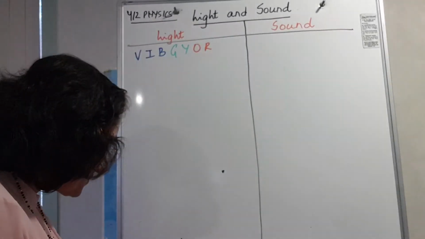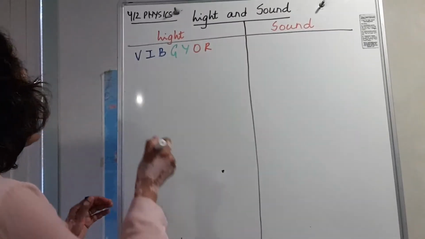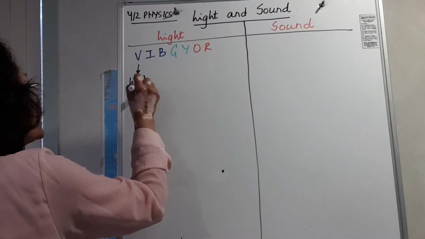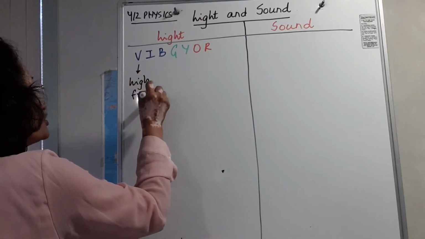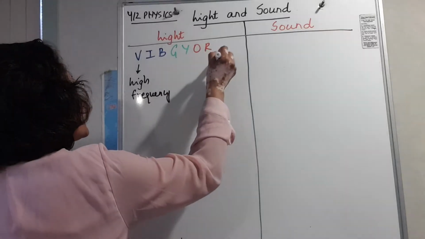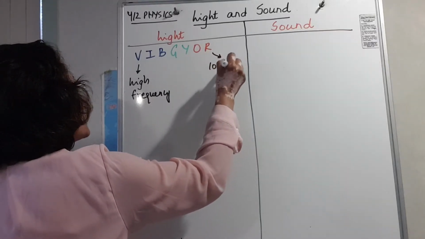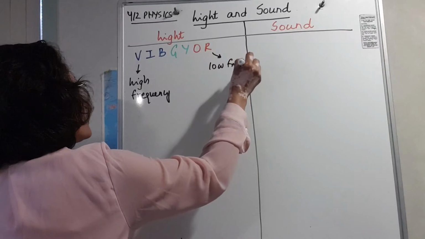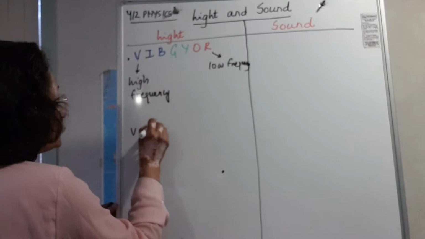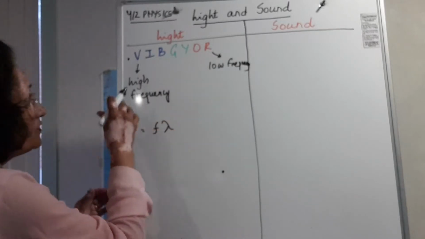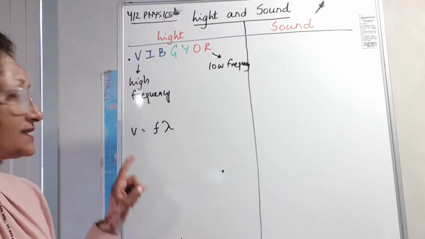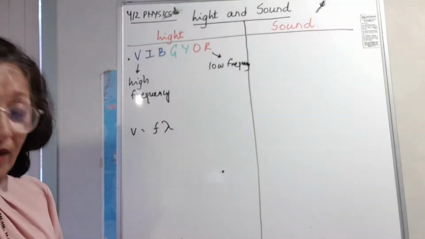What we need to remember is that violet has a high frequency compared to red, which has a low frequency. Because the speed of light in a vacuum is the same for all colors, the speed depends on frequency and wavelength.